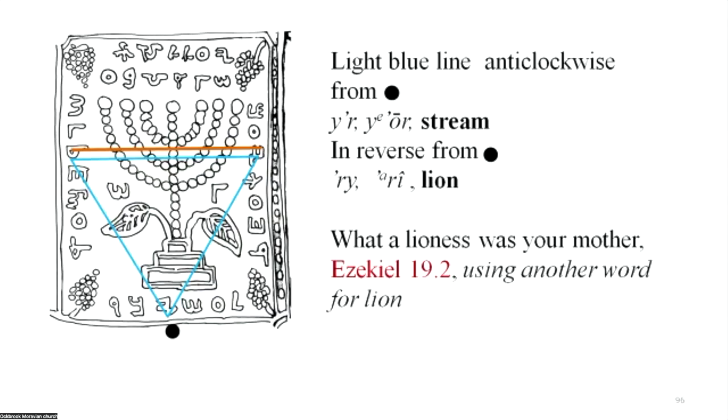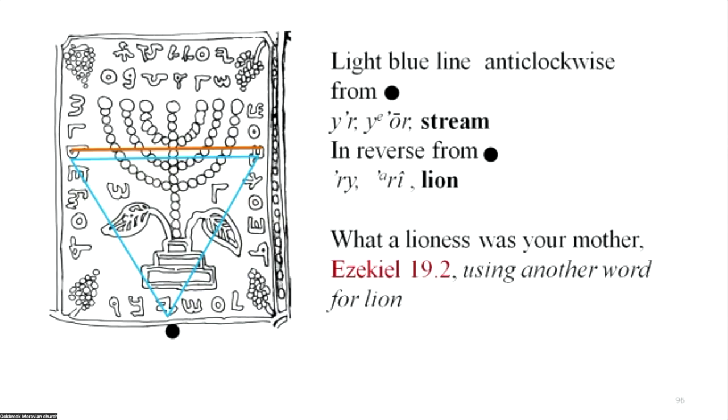Ezekiel chapter 19 has a marvelous poem about the mother lion and her lion cubs, again using a different word for lion. And the lion cubs are the kings of Jerusalem. And he begins by addressing the kings of Jerusalem, who were a bit of a bad lot in his time: What a lioness was your mother.